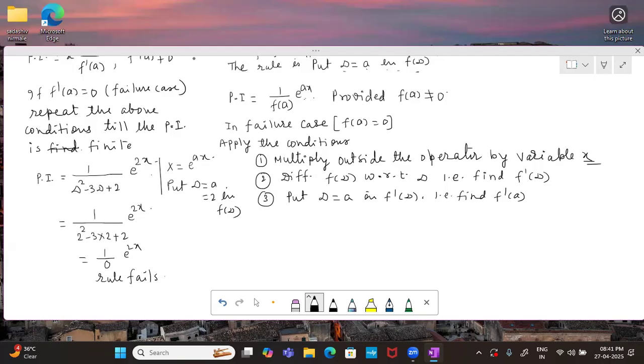Then we follow these 3 steps or conditions to get the finite PI. By those steps, in a failure case, multiply outside the operator by x. Here the operator is 1 upon D square minus 3D plus 2.